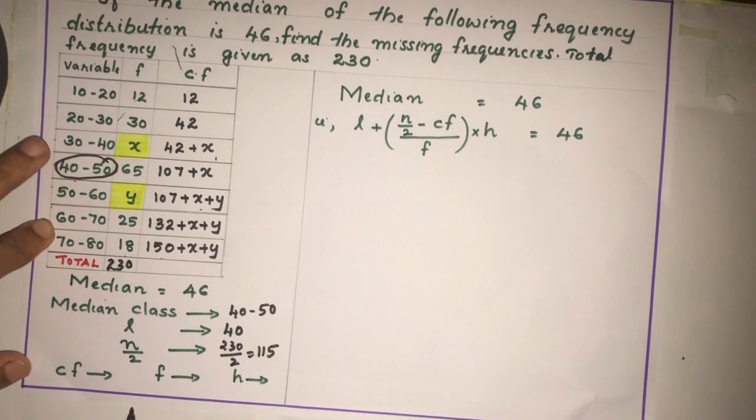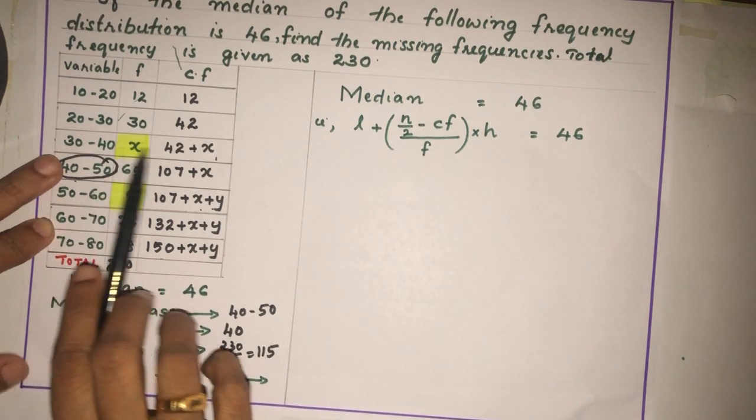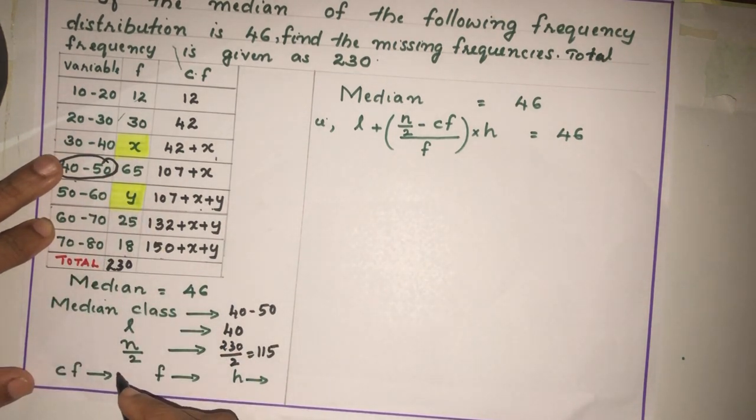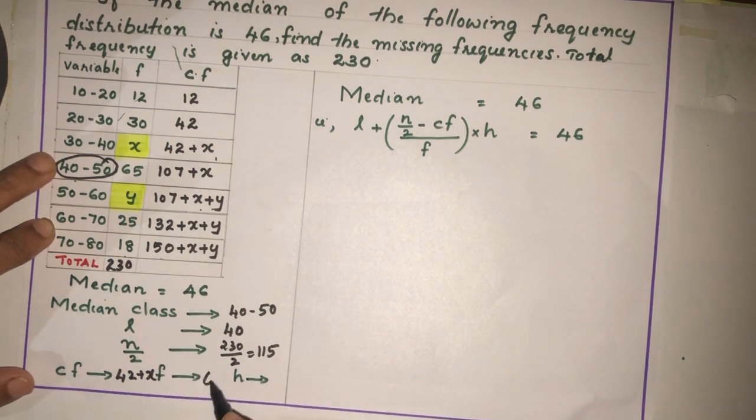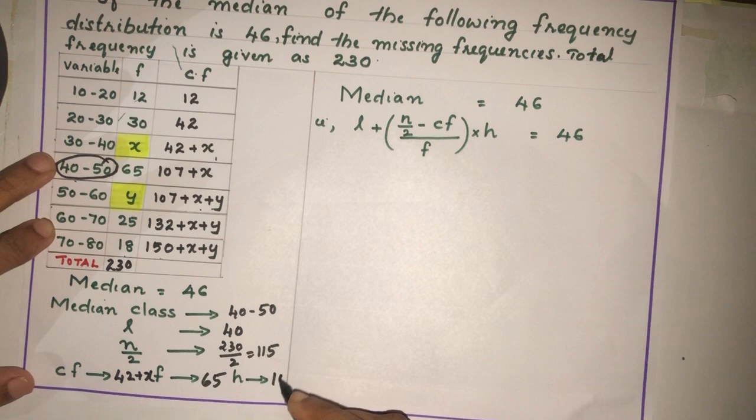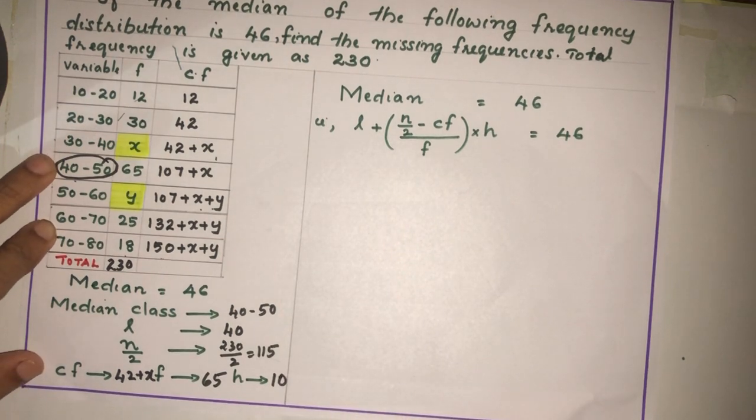CF of preceding class. Preceding class is 30 to 40. Its CF is 42 plus x. What is F? Frequency of the median class, that is 65. What is H? Class size 10.